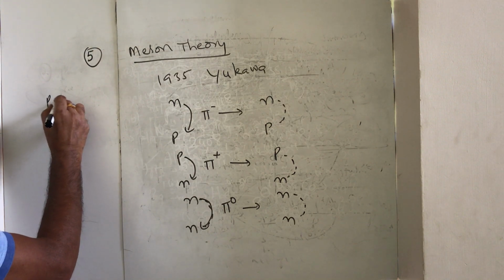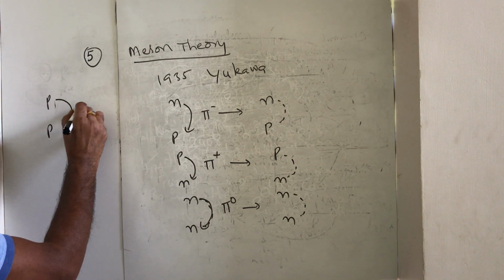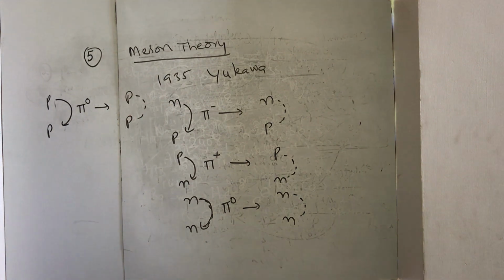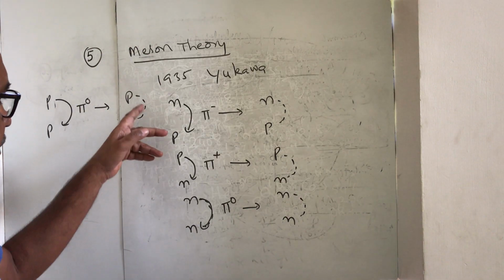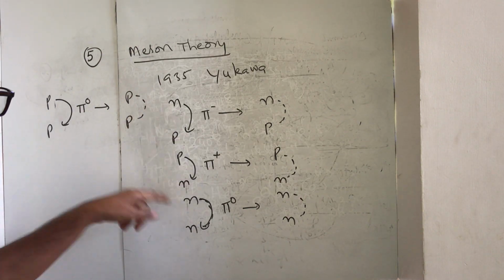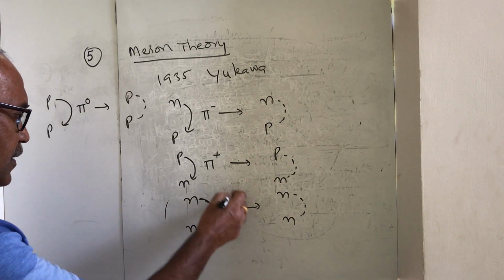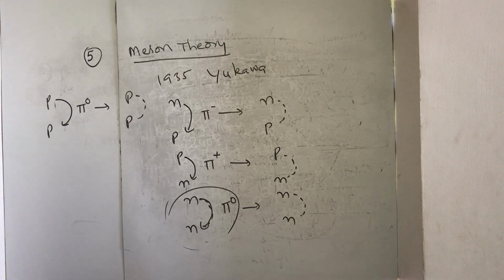Proton to proton, pi neutral. So these bind, and among these there are four combinations of attractions by the pi mesons, neutron and proton, all combinations of this.